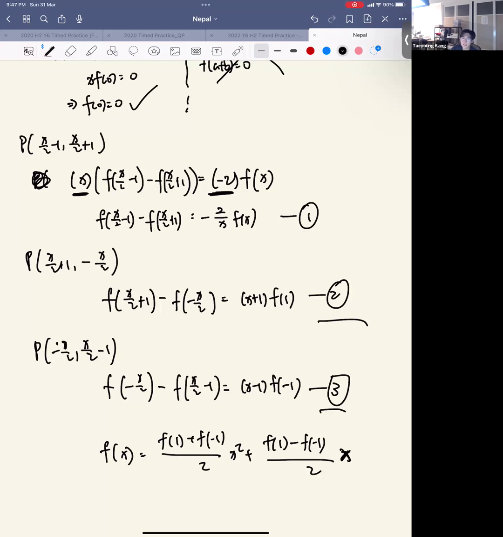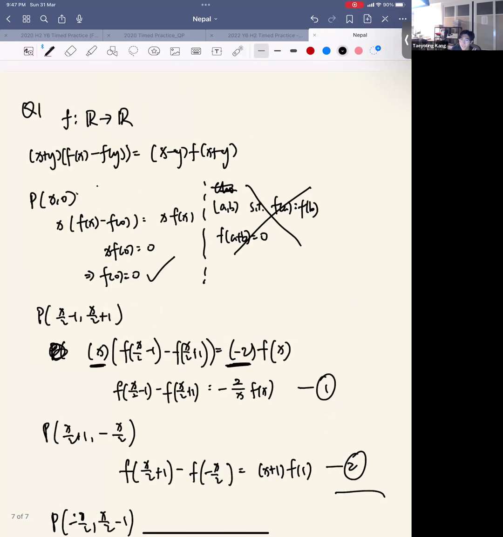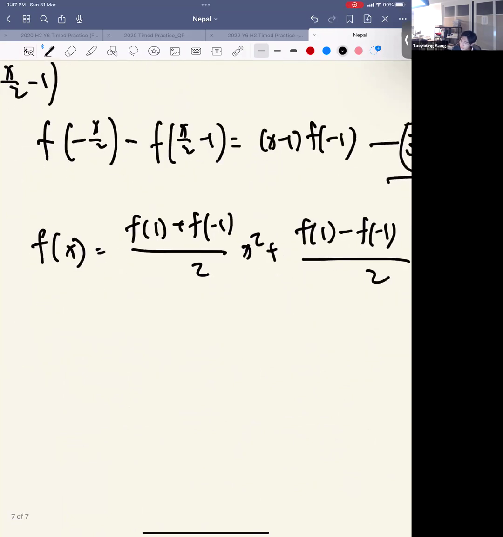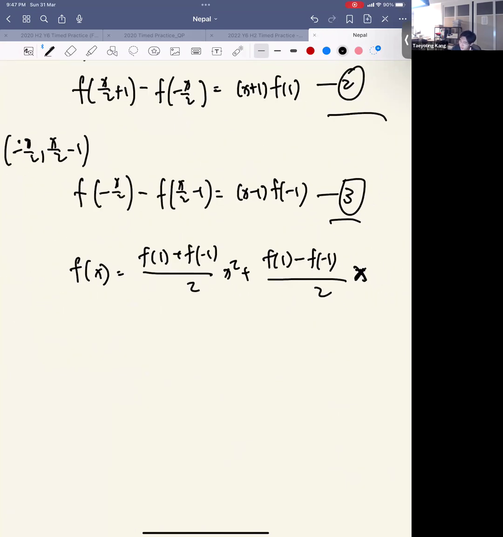But the problem is the function is not injective. Do you guys remember what we guessed the solution set to be? Our guess was ax squared plus bx, right? This is clearly not an injective function, right?